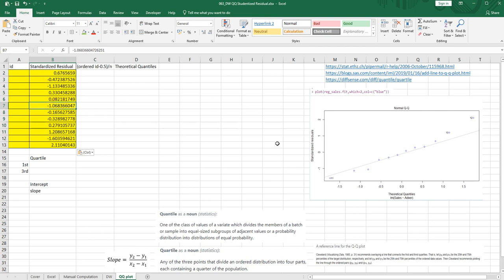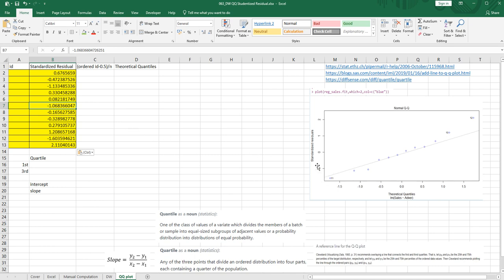All right. So I would like to make the same graph by using this actual residual, right? In R, if you use the plot function and change the option to which equals 2, you can draw a normal QQ plot. So the x-axis is theoretical quantiles and the y-axis is standardized residuals.